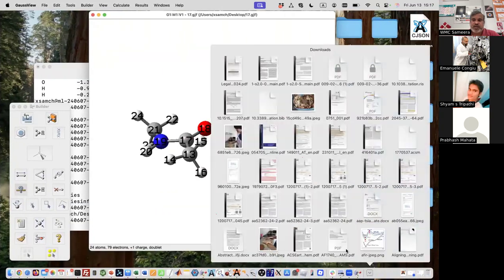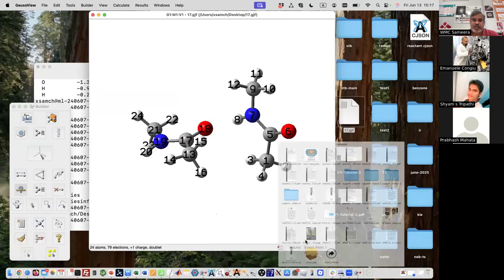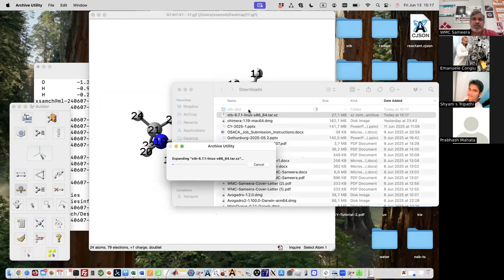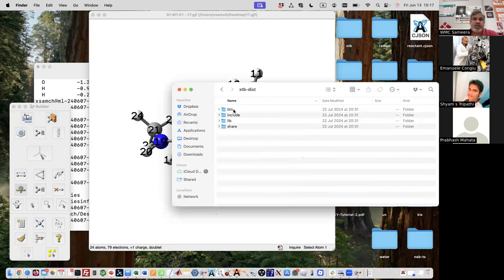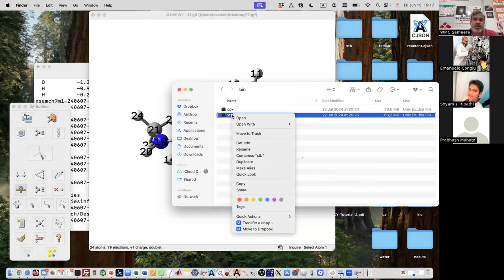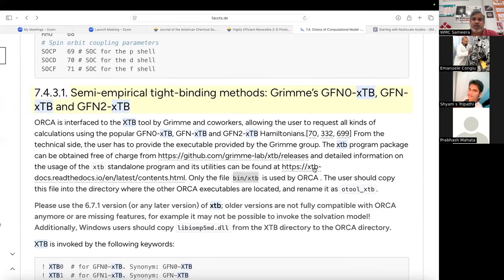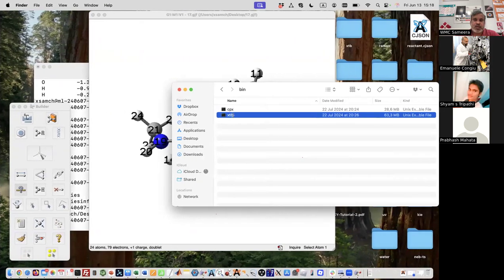Let's check whether I can download it quickly. Yeah, okay, so I have the XTB code downloaded here, and it has the bin folder, and bin has the XTB file. This XTB file you must rename as otool_xtb.